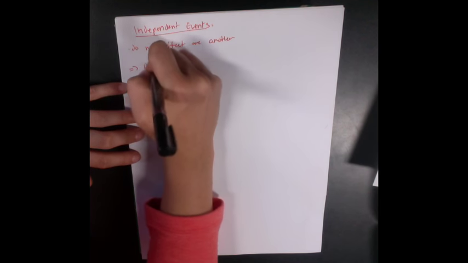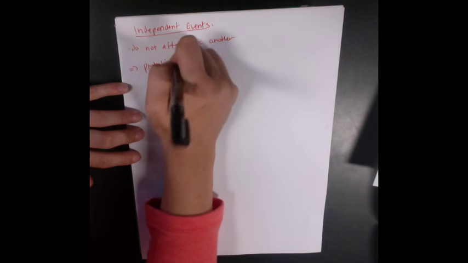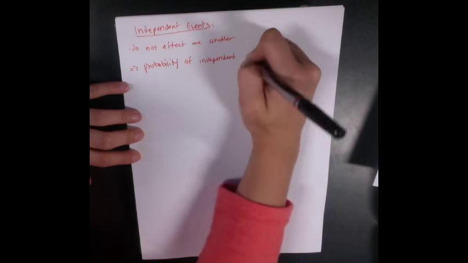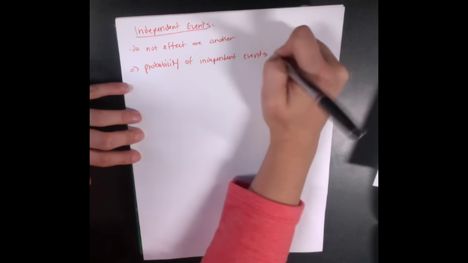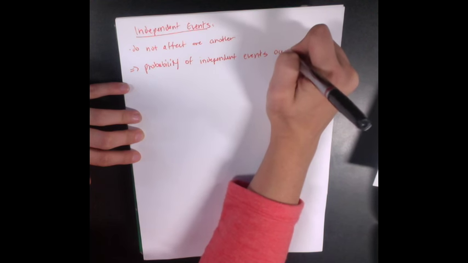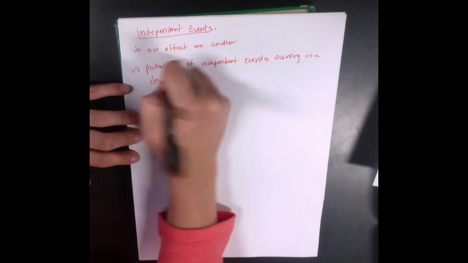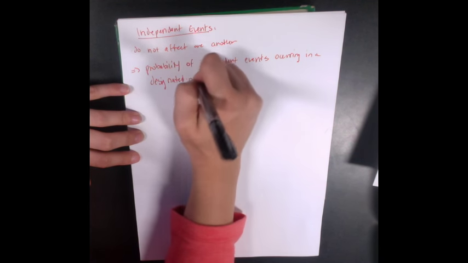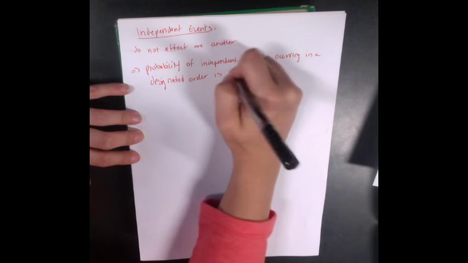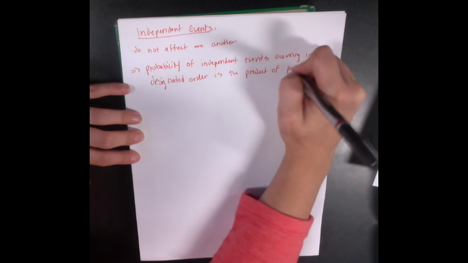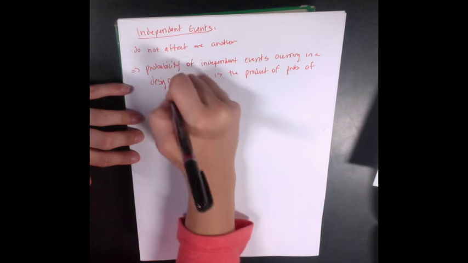This is the key. The probability of independent events occurring in a designated order is the product of the probabilities of the individual events.